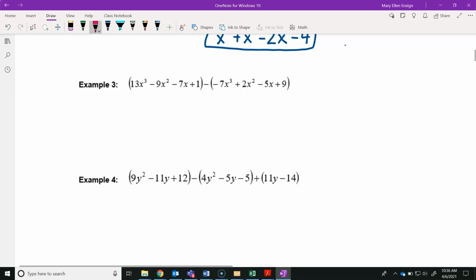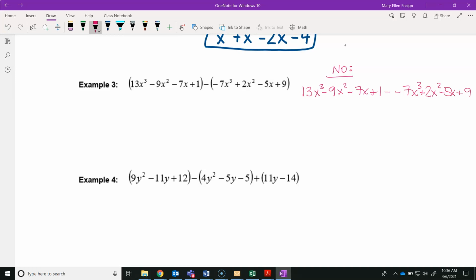So let me just show you first what we cannot do. So I'll say no here, right? We can't just take away the parentheses and say, well, this is the same as this minus negative 7x cubed plus 2x squared minus 5x plus 9. Okay, why can't I do that?